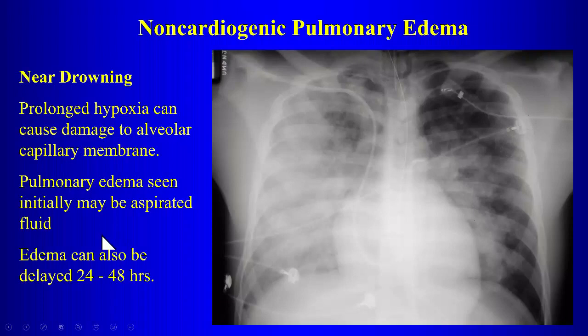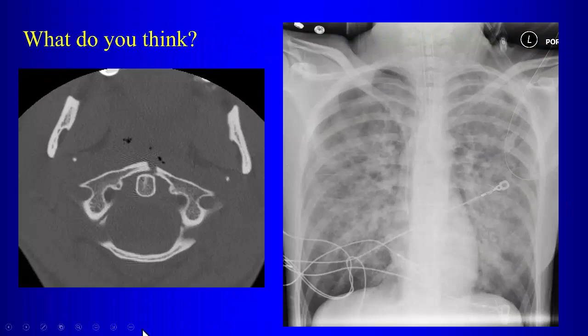Initially, the consolidations we see can actually be the fluid that was aspirated. But when that clears up, they can also have damage to the lungs as a result of what they've aspirated, which can also prolong non-cardiogenic pulmonary edema in these patients. How do we put these two images together? What's going on in this patient?